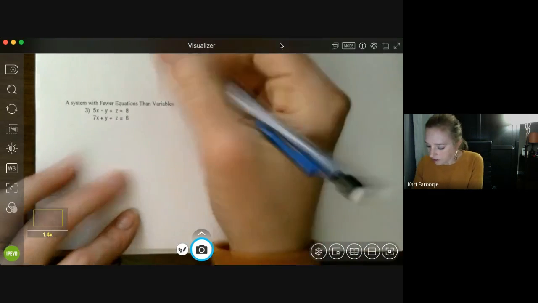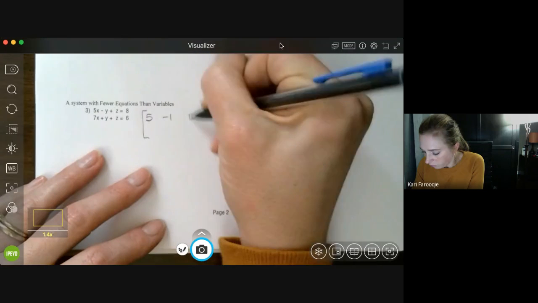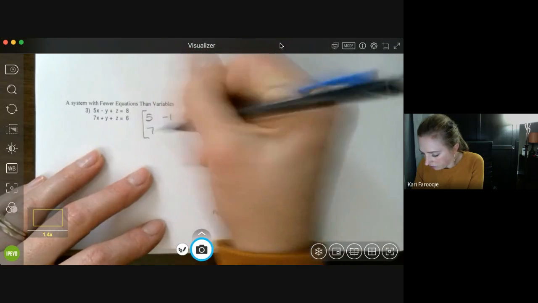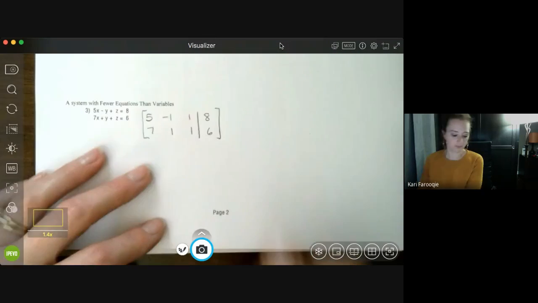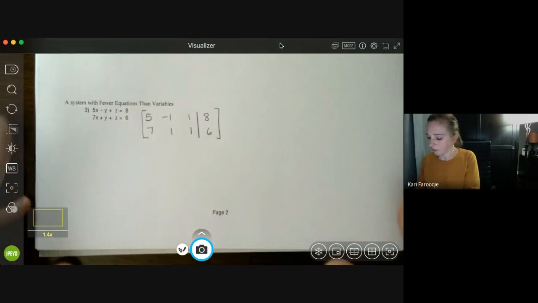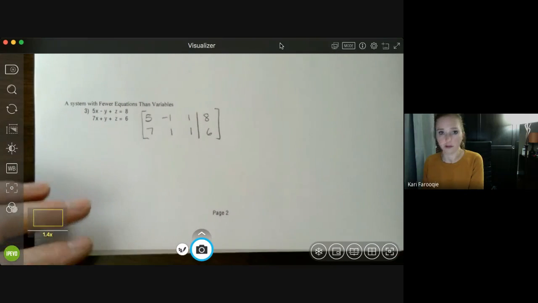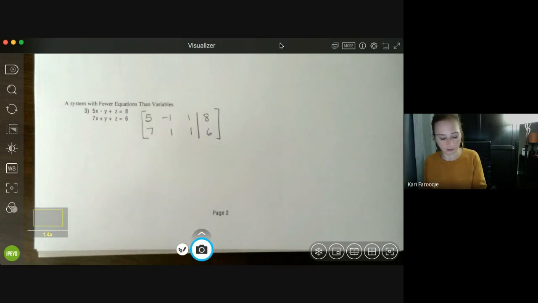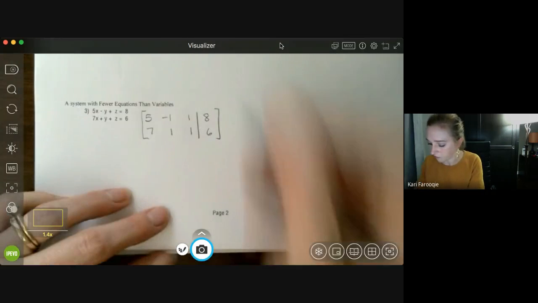But go ahead and write this as an augmented matrix: 5, -1, 1, 8, and 7, 1, 1, 6. Now, you're going to do the best you can with getting this into row echelon form. You don't have that same square matrix over here on the left, but that's fine.